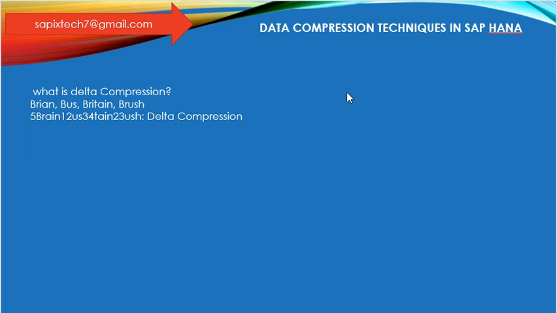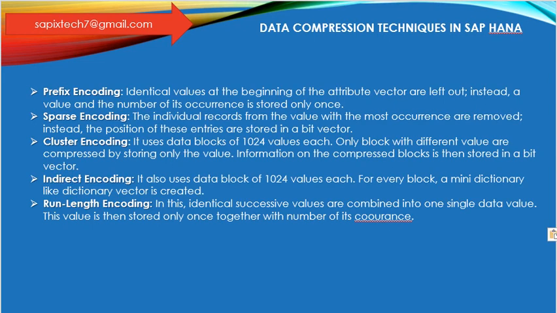Now look at the other encoding processes: prefix encoding, sparse encoding, cluster encoding, indirect encoding, and run length encoding. I'll show you each one by one, in the same way we discussed delta compression.